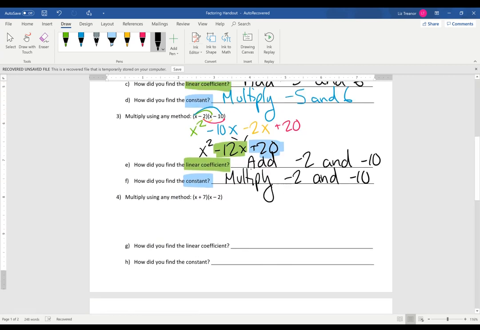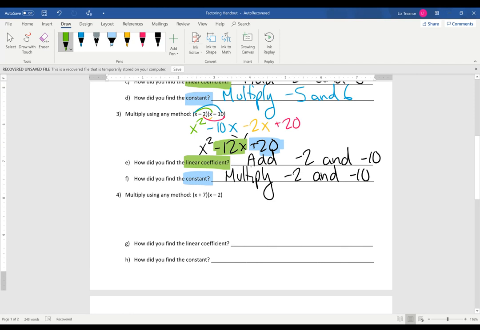All right, last question, number 4. Please multiply again. X times x is x squared. X times negative 2 is negative 2x. 7 times x is 7x. And 7 times negative 2 is negative 14.